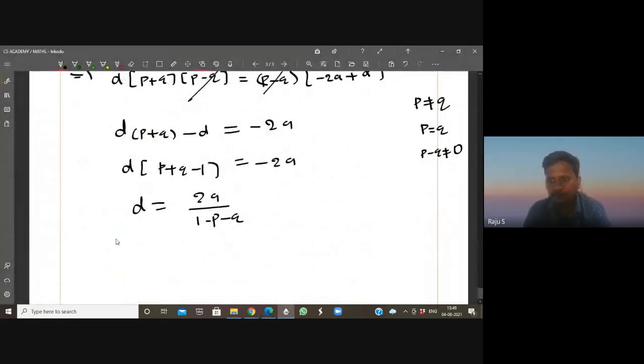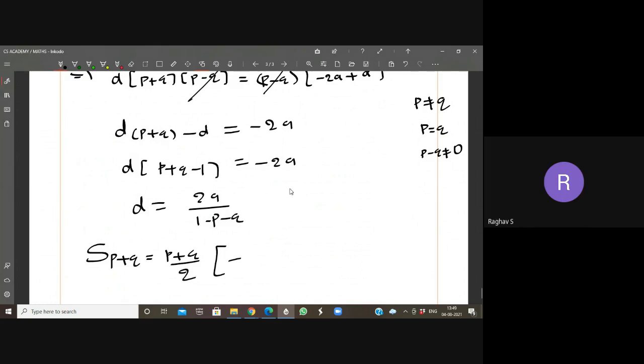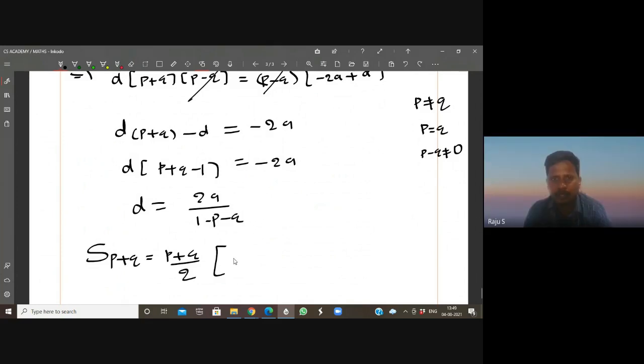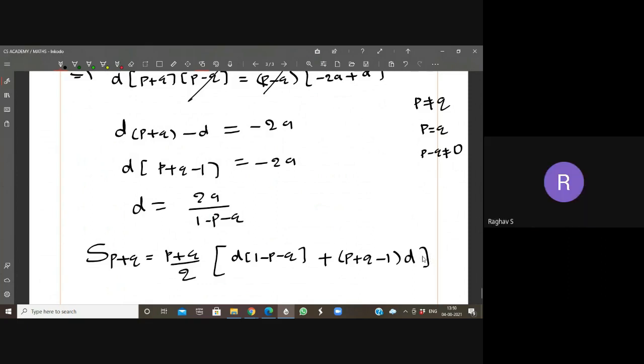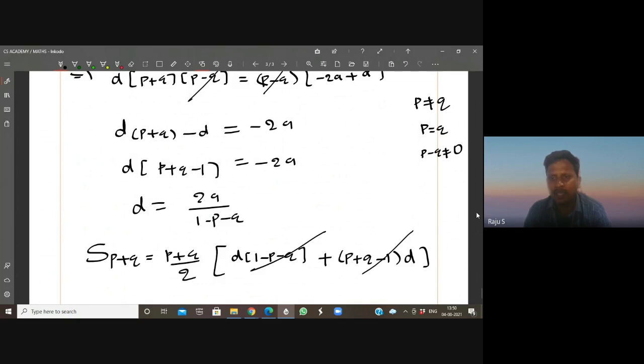Then minus d into p plus q minus 1 plus p plus q minus 1 into d, both will cancel. So finally, this value becomes 0.